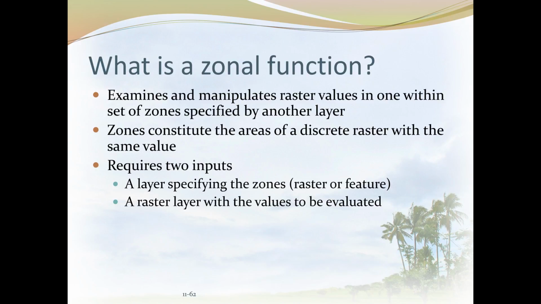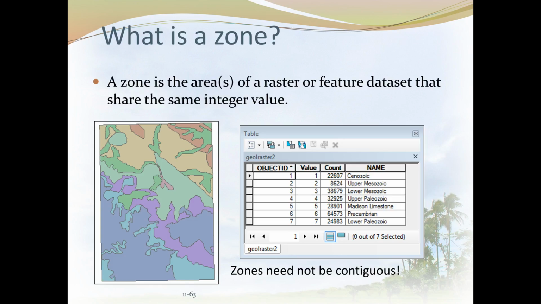So what is a zonal function? That's a good question. The zonal statistic function is sometimes considered another type of neighborhood function, but the neighborhoods are not a fixed size or shape. Instead, they are defined by another layer called the zonal layer.